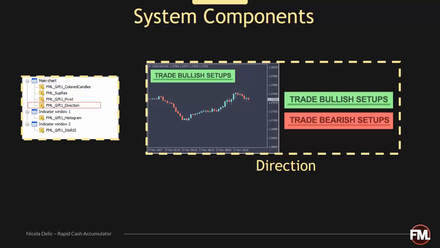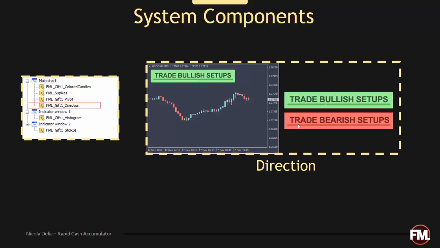The next part is the direction indicator. Our direction indicator is similar to our colored candles, but we are looking at the 4-hour trend. So we are using the higher time frames to base our potential trend idea. If the trend is up, we are going to trade bullish setups only.